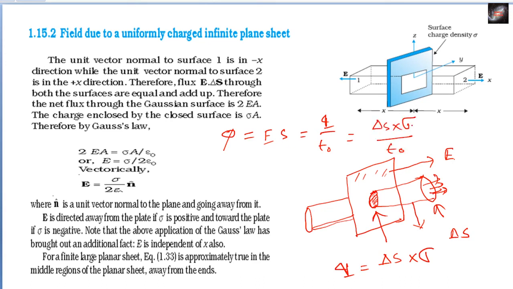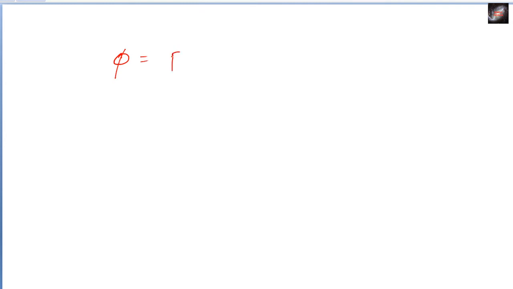Now this flux passes through two surface areas. One is this and one is this. So here we have to consider S as delta S into 2, because the value of this surface area is delta S, and the value of this surface area is also delta S. That is why twice delta S is the total surface area. Now we can write from this phi equals E into twice delta S, which equals sigma into delta S by epsilon naught.